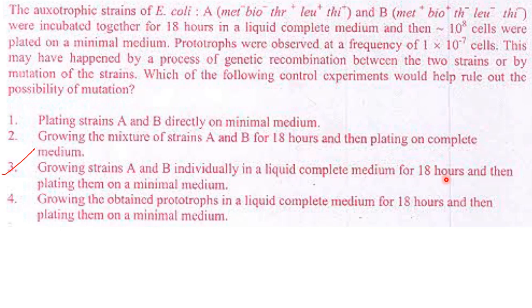Then you incubate for 18 hours, and then you plate them onto minimal medium. Now if the prototrophs have arisen due to mutation, then upon plating on minimal medium, you should have seen growth. But since you don't see growth, the prototrophs have arisen because of genetic recombination between the two strains. Okay.